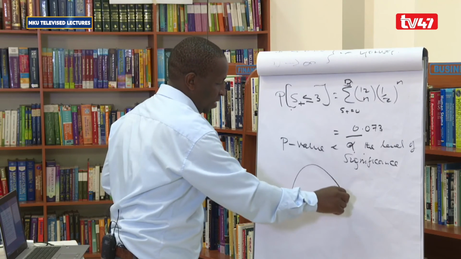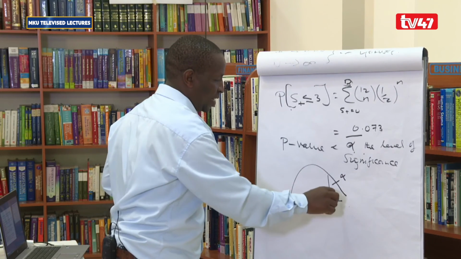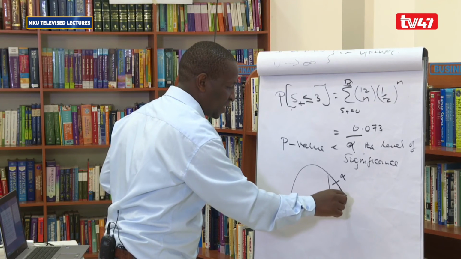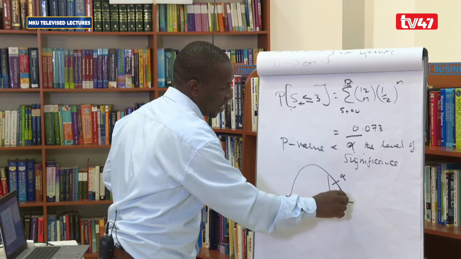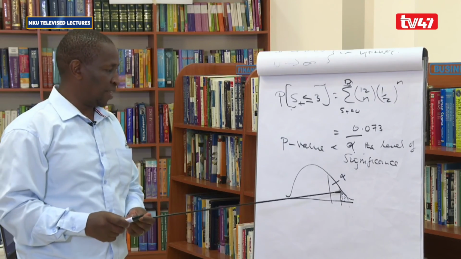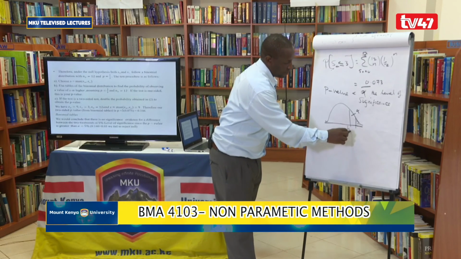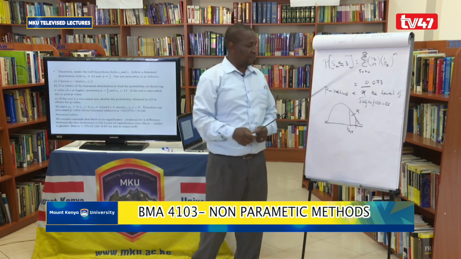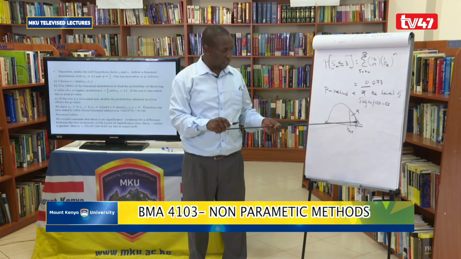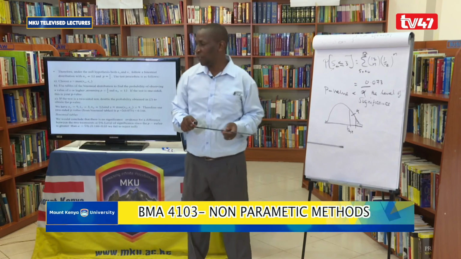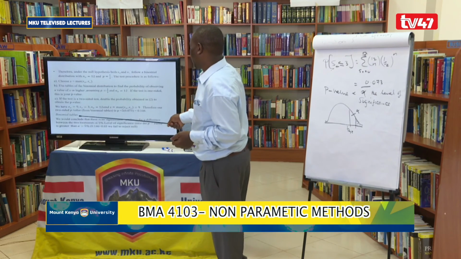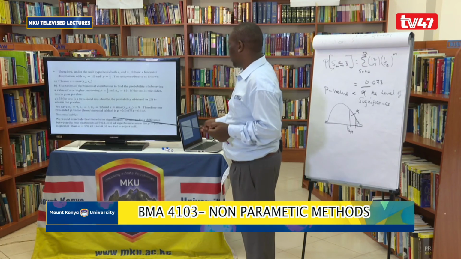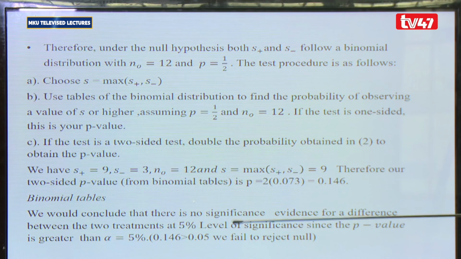Because if this is our alpha, then p being less means it is within this part. P indicates the area above the critical region beyond alpha, and therefore it indicates that it is in the critical region, and therefore we reject H naught and conclude that the two drugs are different. Otherwise, we conclude that there is no significant evidence of a difference between the two, and we fail to reject.